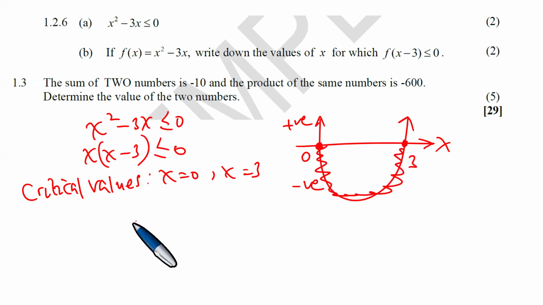Therefore, x lies between 0 and 3, with inclusion of the endpoints because this is less than or equal to 0. This is the solution to this particular problem. We have solved 1.2.6 part A, and we are done.